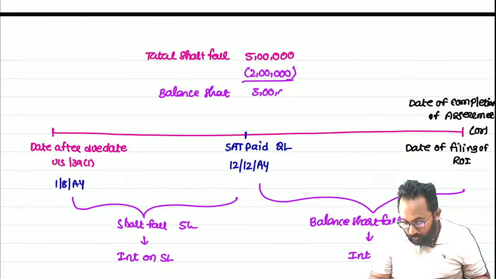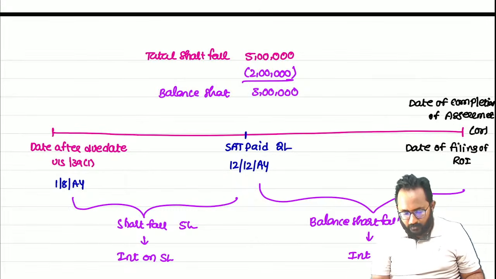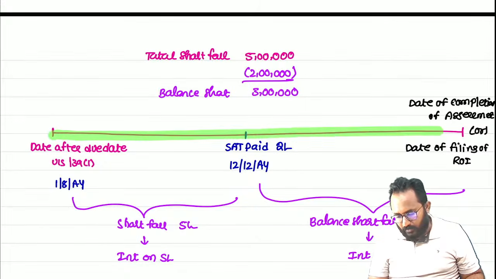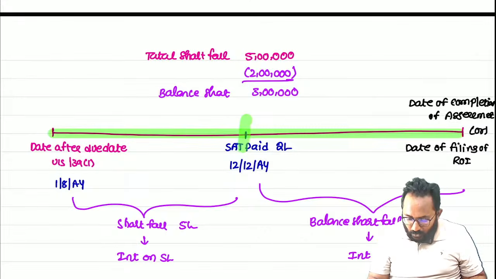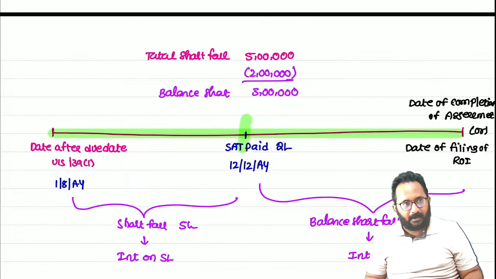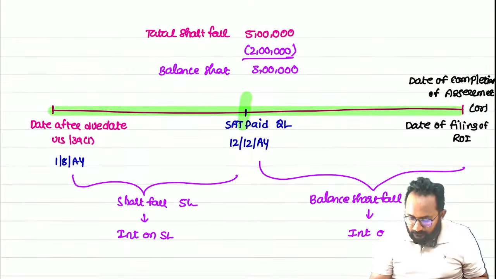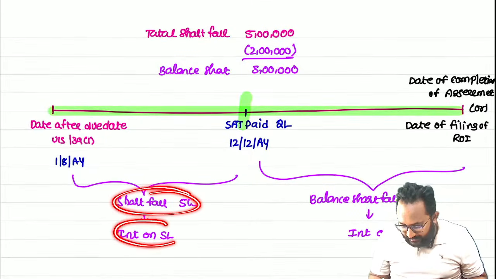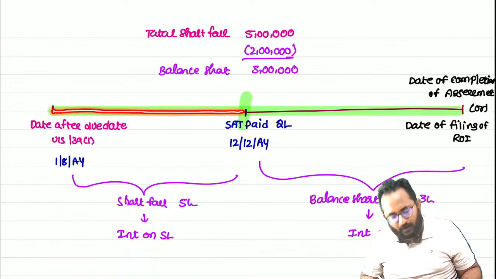Now SSC is intelligent. Generally, for this entire period we have to calculate the interest. Now that period is broken into 2 parts by paying the self-assessment tax. For the first period, he will calculate interest on the total shortfall of 5 lakh.